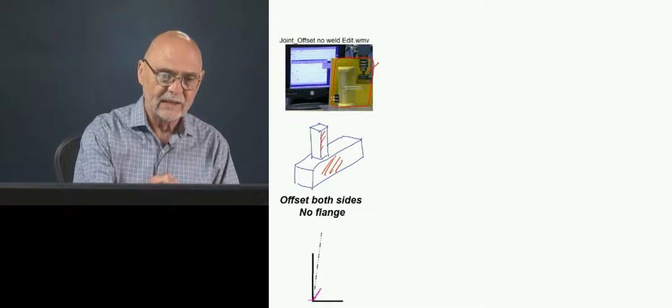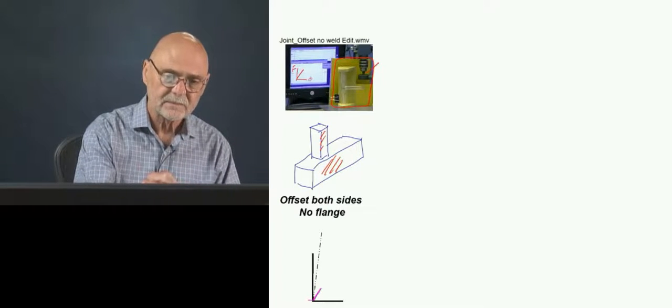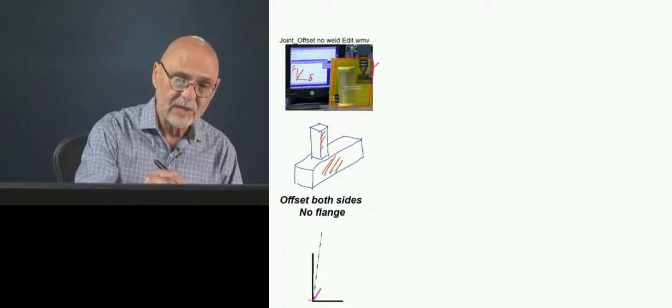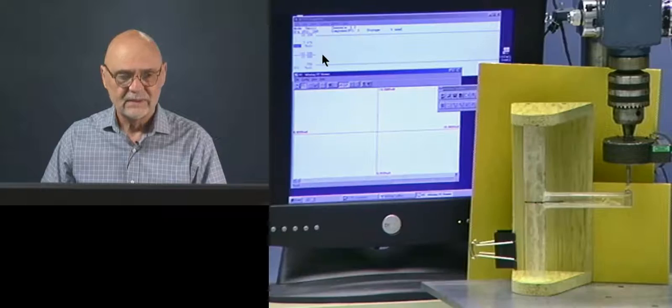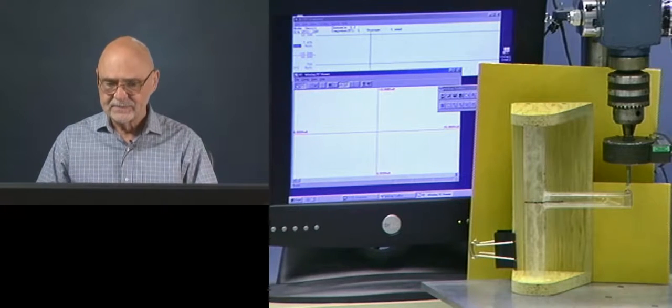We have a load applicator where we can measure force, and we can measure deformation at the point of load application, and then in the little screen here we can get a load deflection curve. The steeper that is, the more rigid the joint. Okay, so let's take a look at this first one. This will be the worst case.